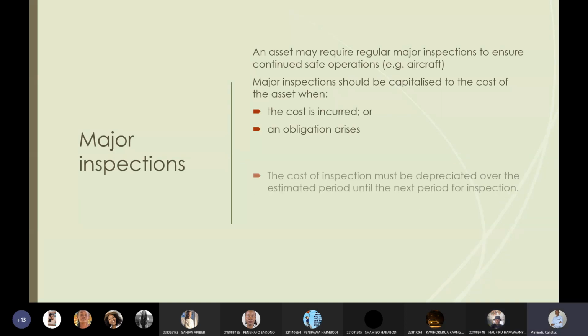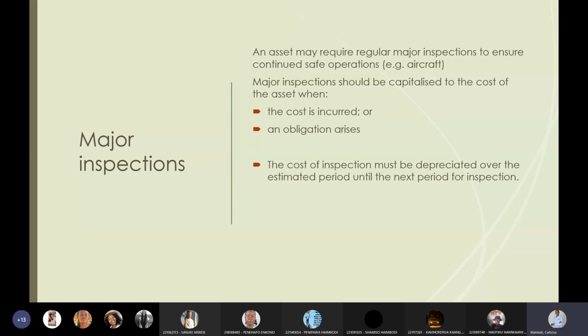All right. The cost of the inspection must be depreciated over this estimated period until the next period for inspection. So if it's an aircraft, for instance, you might be told that the aircraft needs to be inspected after every 1,000 hours. All right. So then the 1,000 hours will actually be the time period over which the inspection should be depreciated over.